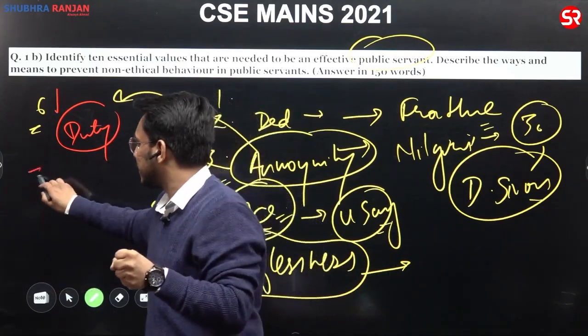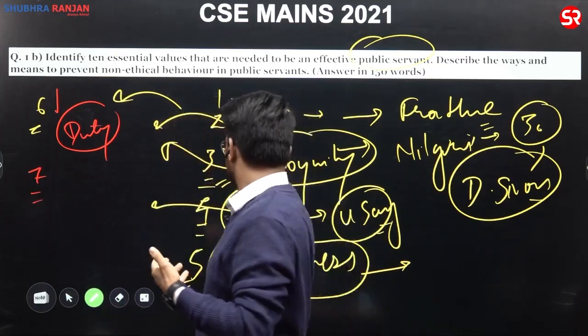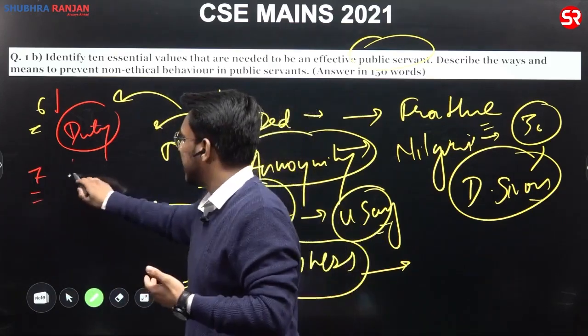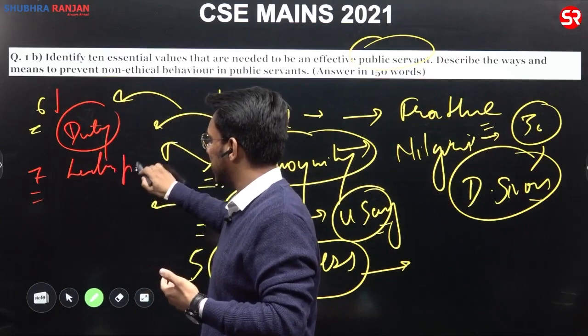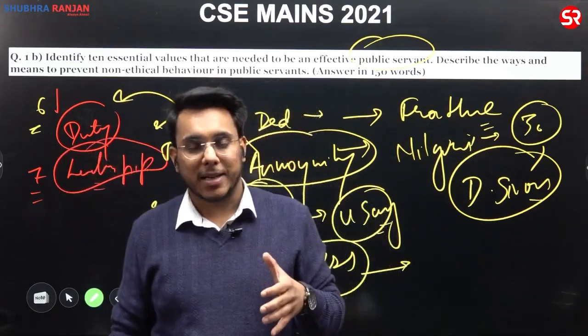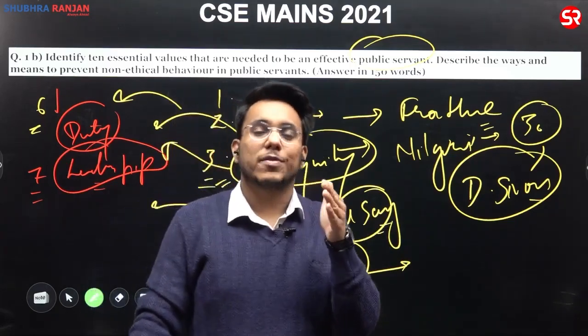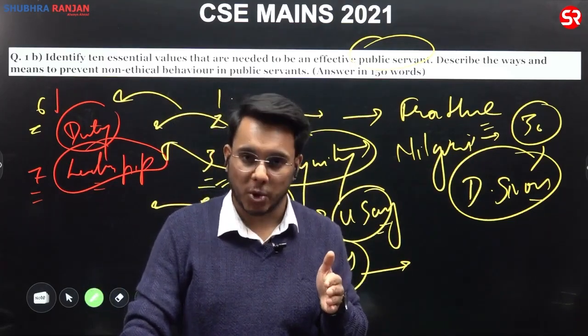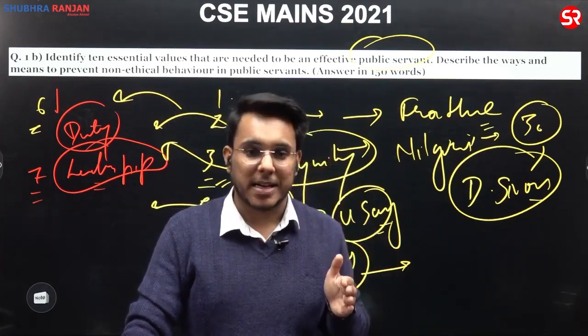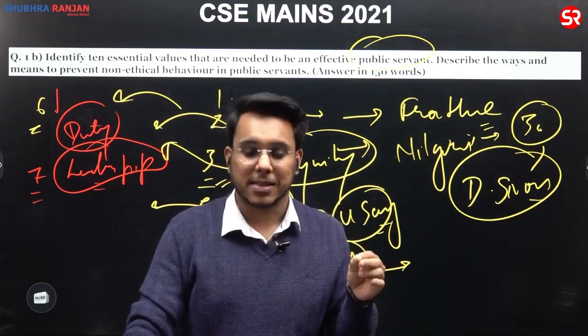Then the next value that is there, you need to maintain the leadership. Basically, if we see today in the bureaucracy, there is one particular problem, that a lot of mediocrity has come into the bureaucracy. Finest of the finest minds are joining the bureaucracy, but a kind of mediocrity is there.